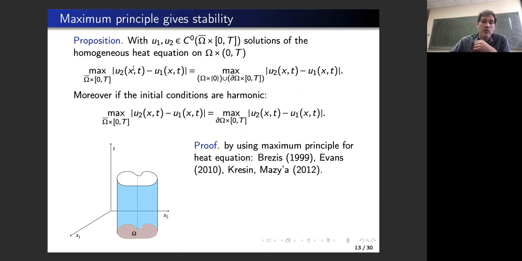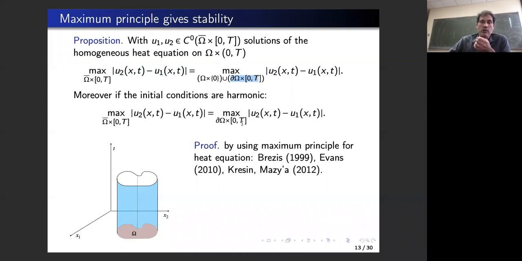What this says is that if you want to look at the difference of two solutions to the heat equation on this space-time cylinder, the maximum should occur on the surface of the space-time cylinder or the bottom of it. The bottom is this omega here at time t equal to 0. So the bottom here corresponds to time t equal to 0.